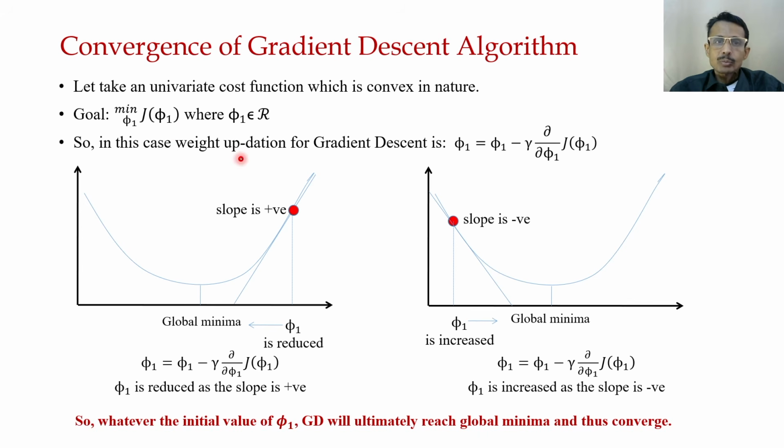So in this case, the weight update in gradient descent is basically phi 1 equals phi 1 minus gamma times the derivative of J with respect to phi 1. That is exactly the same algorithm. Here you can see if your slope is positive, that means we are on this side.